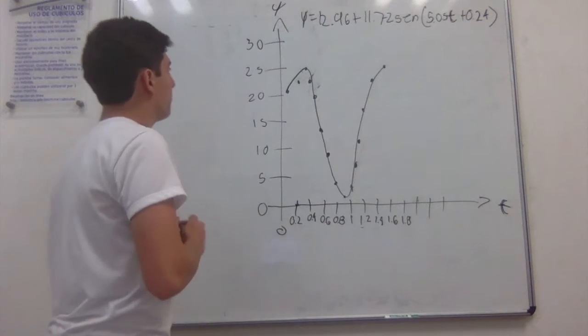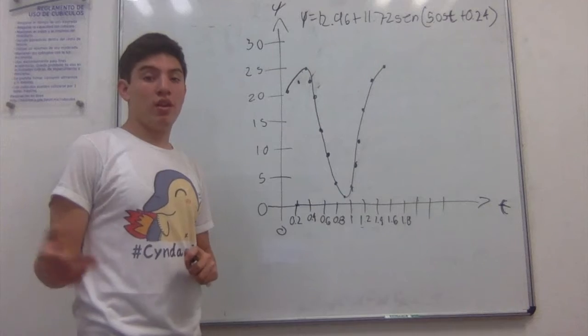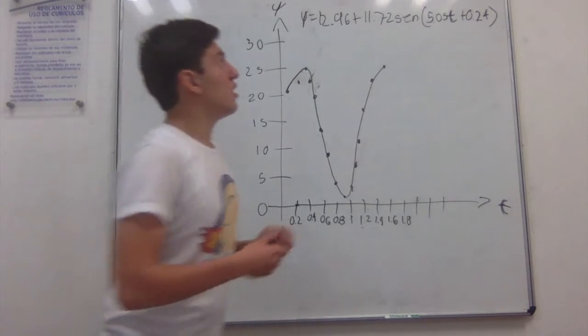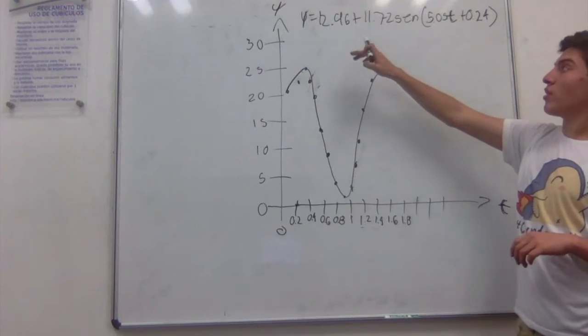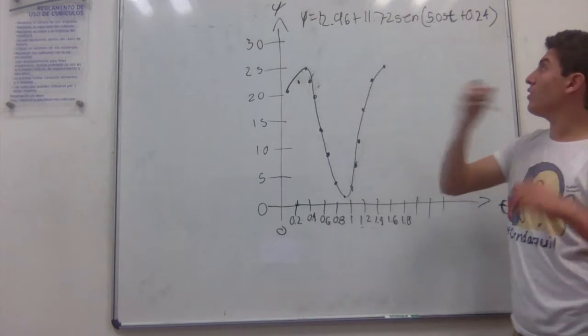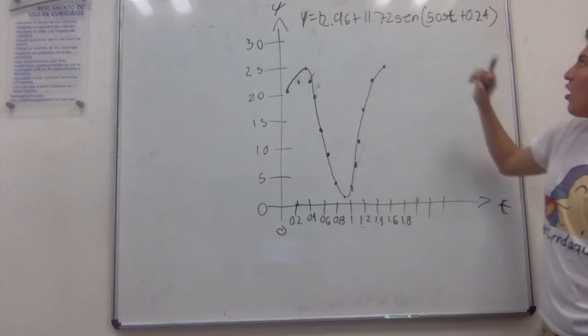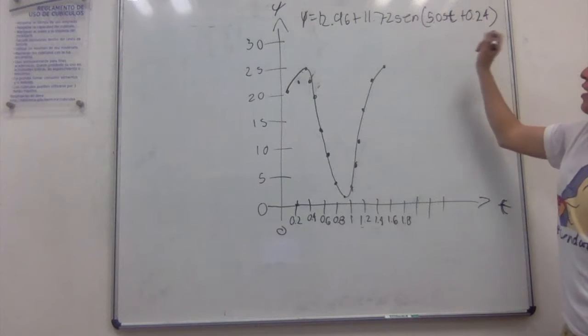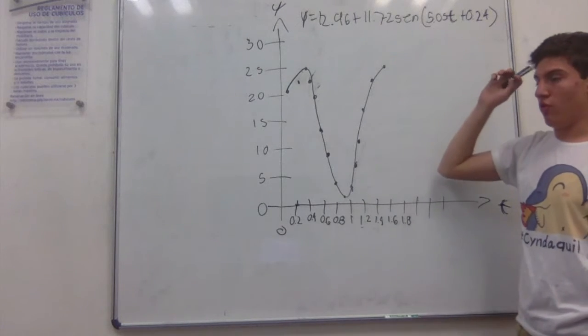But if we take the last data, this graph, and put it in a graphic device, we get this formula. The formula is y equal to 12.96 plus 11.72 sin of 5.05 t plus 0.24.